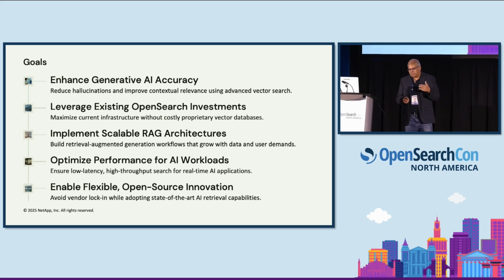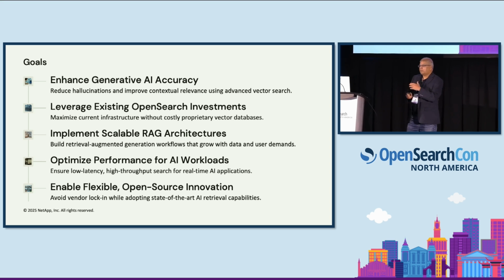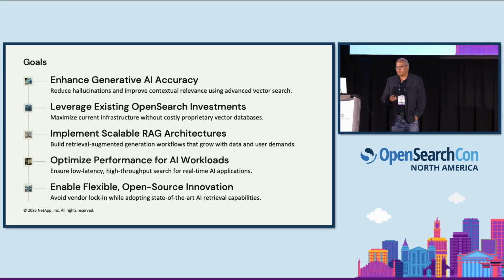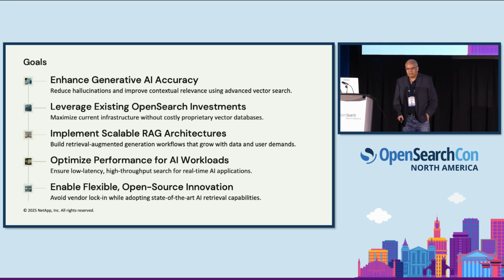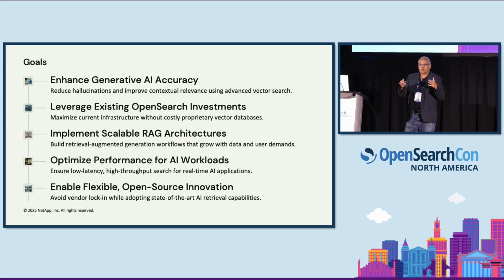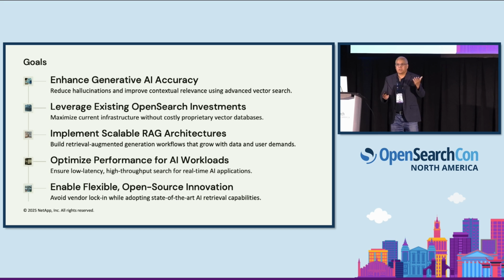And how to implement a scalable RAG architecture. We'll talk about RAG a little bit later in the slides. Optimize performance for AI workloads. And enable flexible open source innovation. Obviously, we are using OpenSearch, which is an open source solution, so there's no vendor lock, there's no technology lock.